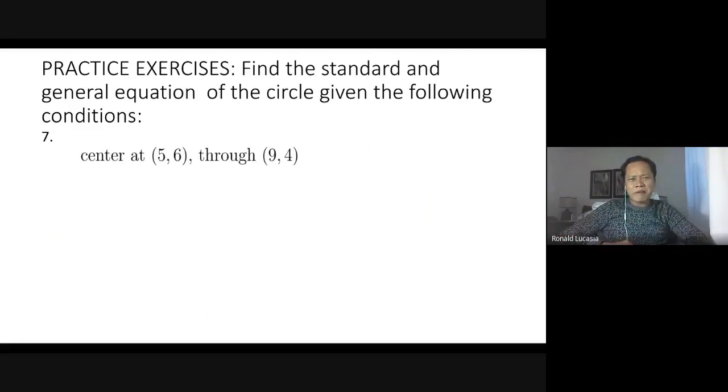Yun nga, bago tayo magpatuloy. Find the standard and the general equation of the circle given the following conditions. The center is at (5, 6) through (9, 4). Meaning to say the center is at (5, 6) and it passes through the coordinate (9, 4). So wala tayong radius. Paano kaya tayo magkaka-radius dyan?